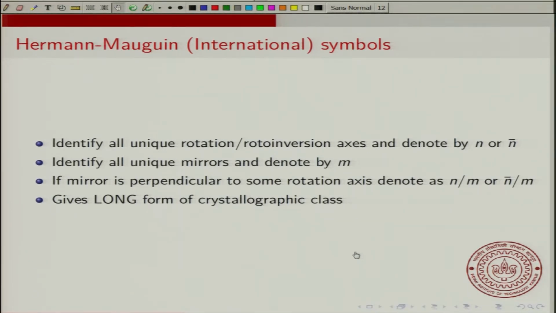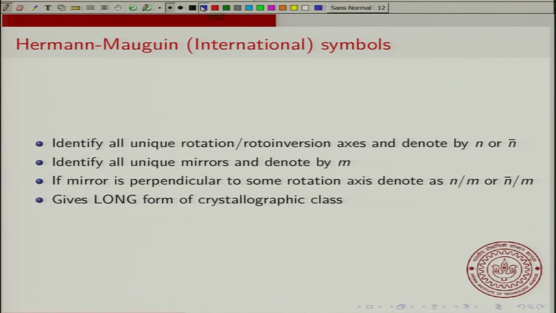So that is all you need to do, and as we said, the crystallographic class only refers to rotation and reflection. Now you might ask, what about the inversion center? The inversion center is nothing but 1 bar.